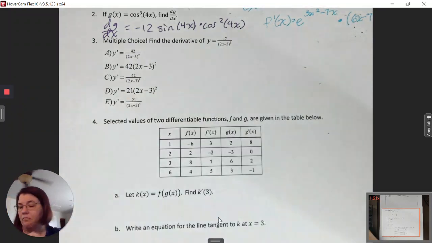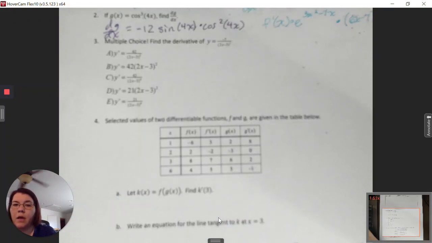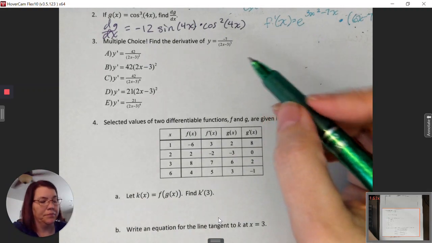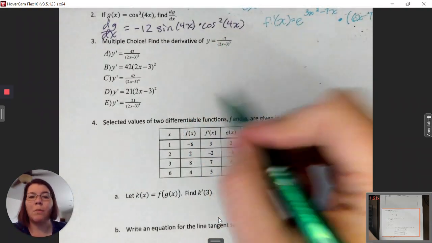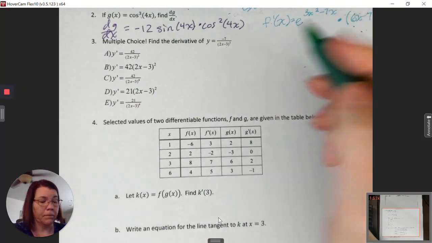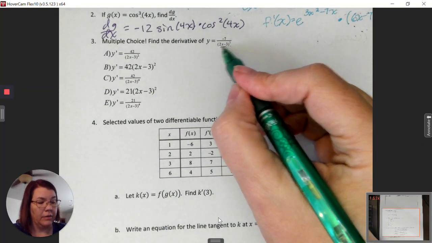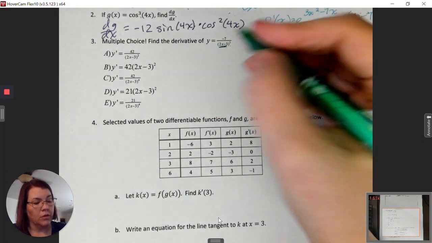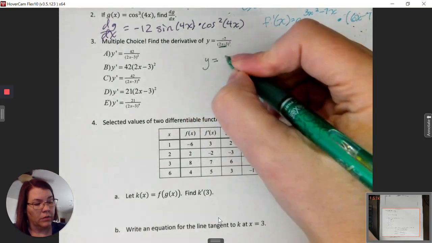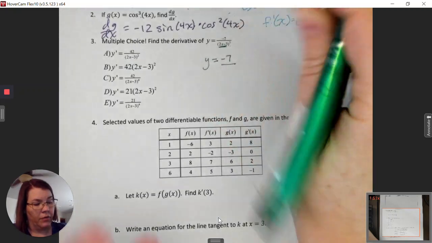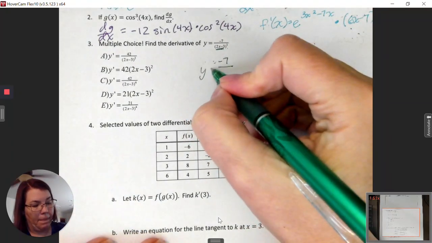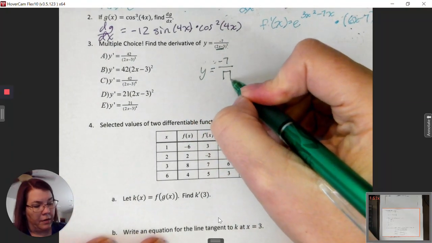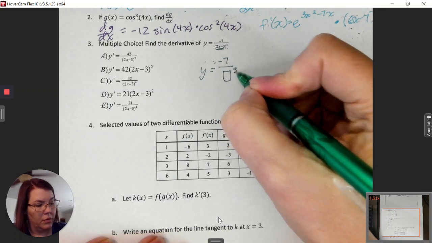Okay, so anyway, let's get that down. All right, find the derivative of... So there's my problem. And what makes this complicated? Well, I could rewrite this as y equals negative 7 over (2x minus 3) cubed.